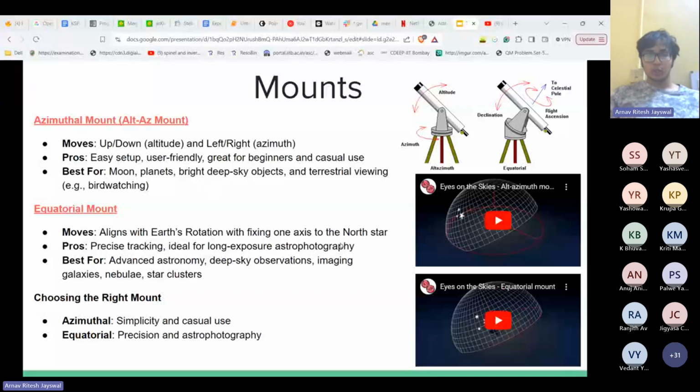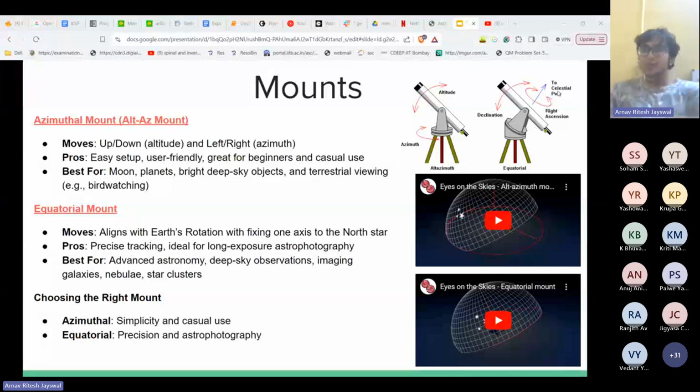Then we also have the equatorial mount. It's a really ingenious method. You have one axis aligned to the North Star. You know the North Star is exactly at the geometric north. So you have one axis along the North Star, and you can place the other lens on one star, and as the Earth rotates, you can just follow it with the mount.